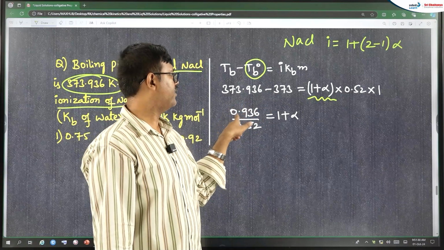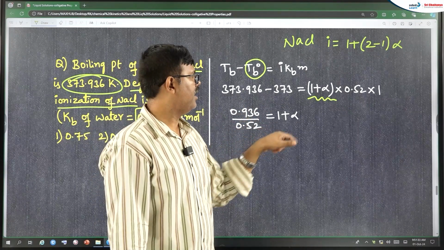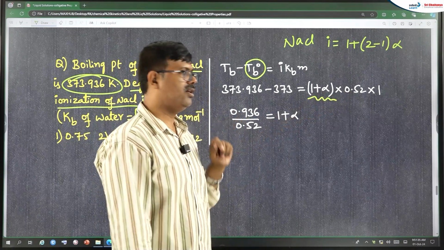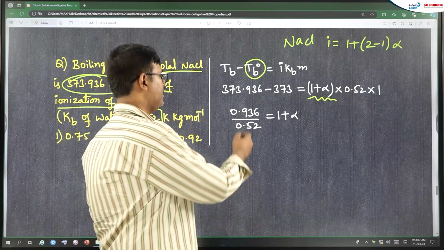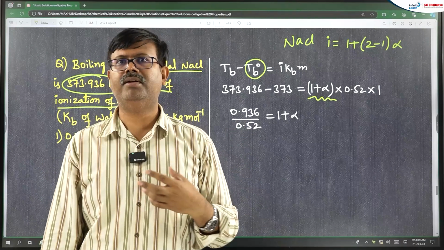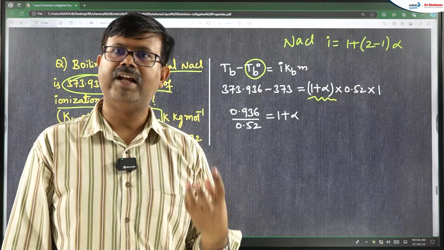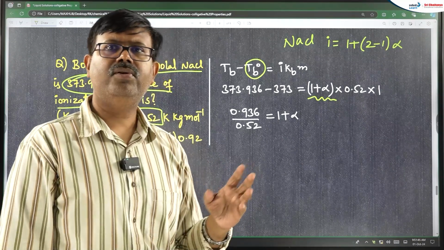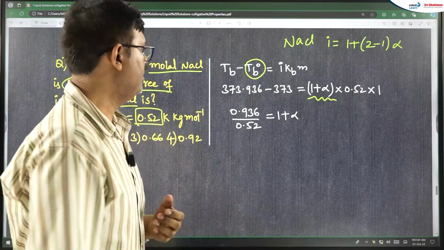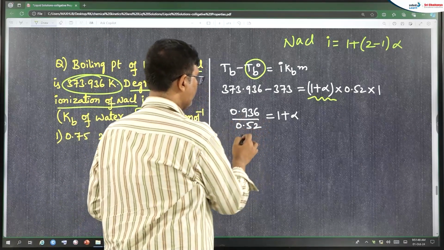Then you simplify this. This comes out to be 0.936 on the left side and 0.52 you bring to the denominator. Don't consume more time in your calculations, because in exam time is also important. So go for approximations. Say 0.93 and 0.52.